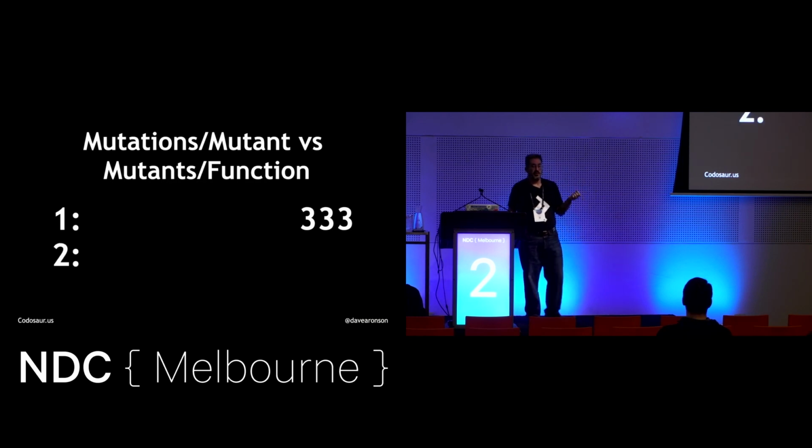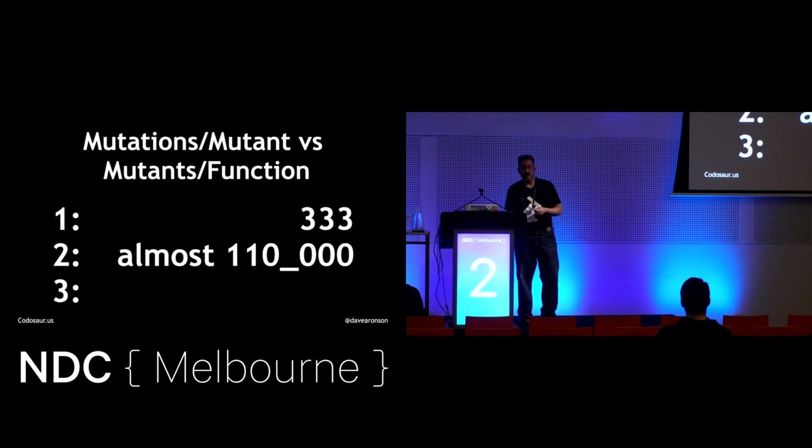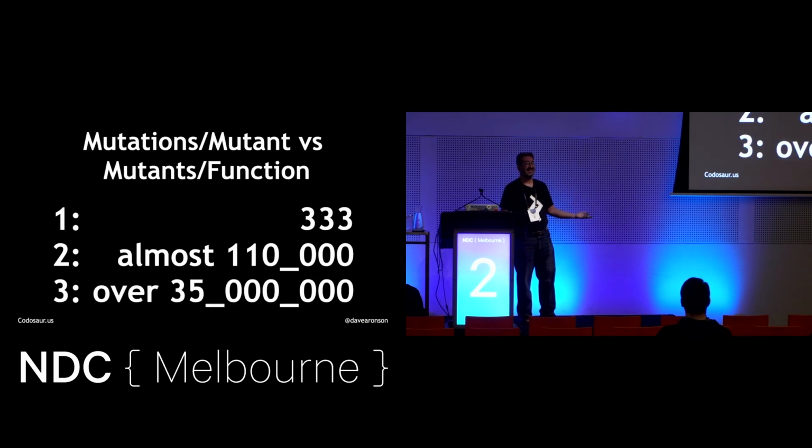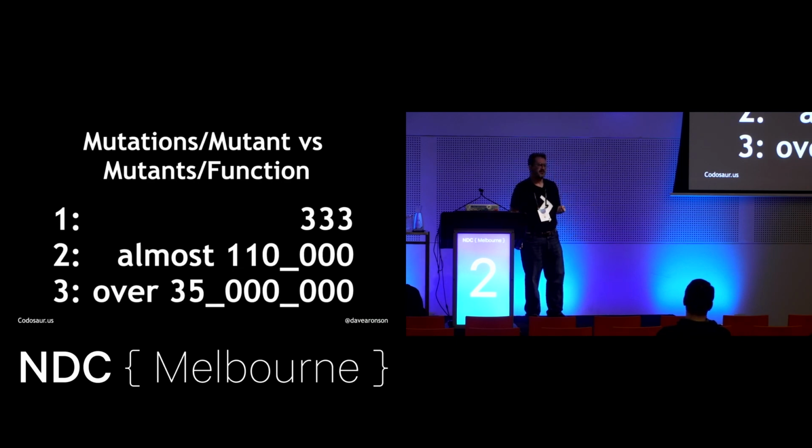With 2, we'd already have almost 110,000, and with 3, we'd have over 35 million. Never mind running the tests, just creating the mutants would get to be a heavy workload, but we can save ourselves that heavy workload and the false alarms and the lack of focus if we just limit it to one mutation per mutant.